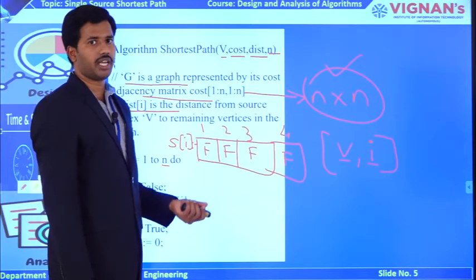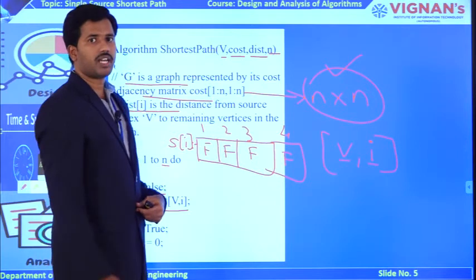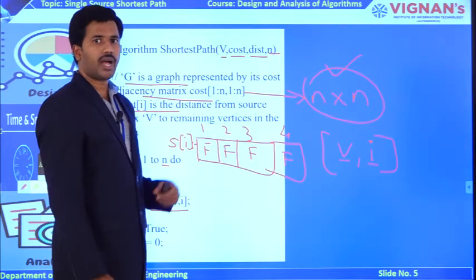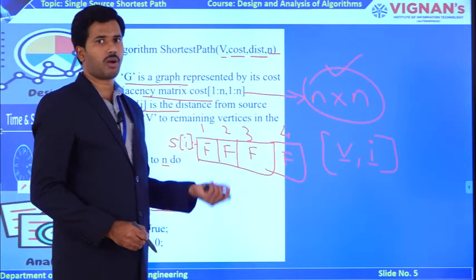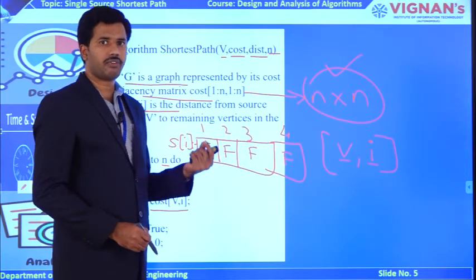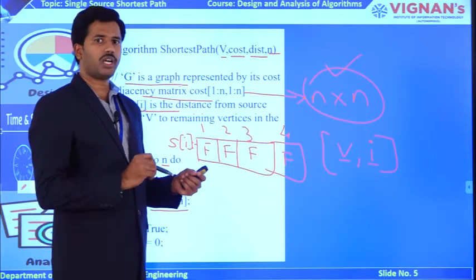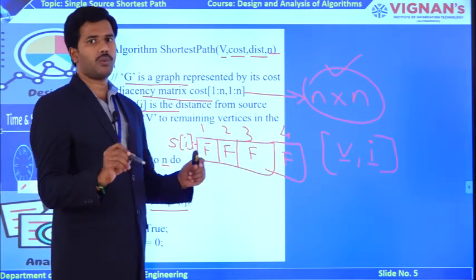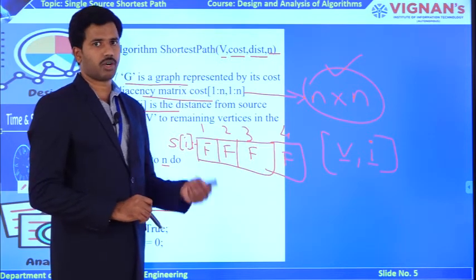With the greedy method, it is possible to update only the first row of your adjacency matrix. Why is it not possible to update the remaining rows? Because the greedy method fails to remember the previous iteration results. So that's why only the first row can be updated with the optimal path by this problem.